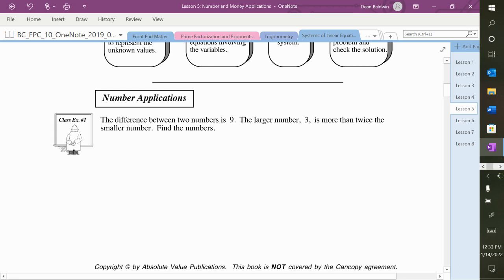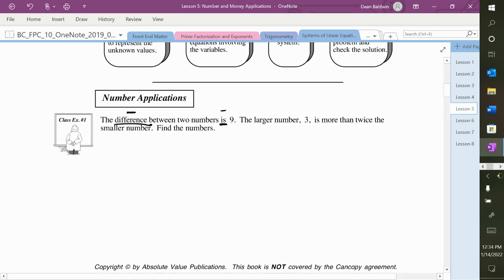When you're converting words to math, essentially every sentence is an equation, if you want to think of it that way. So if I say the difference, when you see the word difference, what operation is that in math? That is subtraction. Between 2 numbers is, if you see the word is, what does that mean in math? Equals.